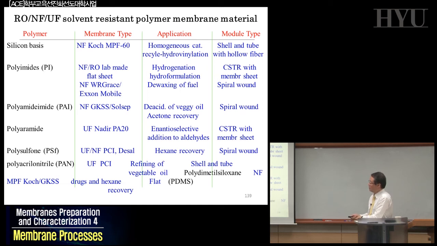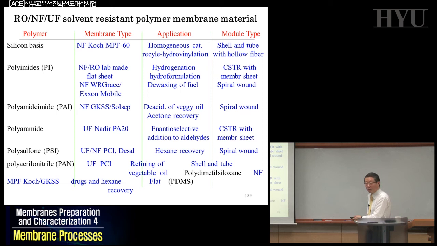Polysulfone is from Solvay as well. Polyacrylonitrile has been known for a while, and you have many producers of these polyacrylonitriles. And if you take a look at these applications, they can separate hydrocarbons, they can separate acids, they can even separate enantiomers, and also hexane recovery and so on.